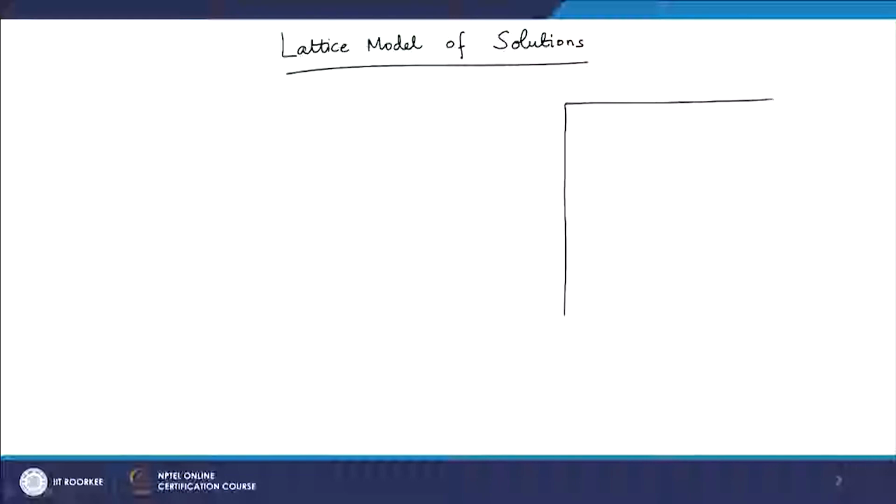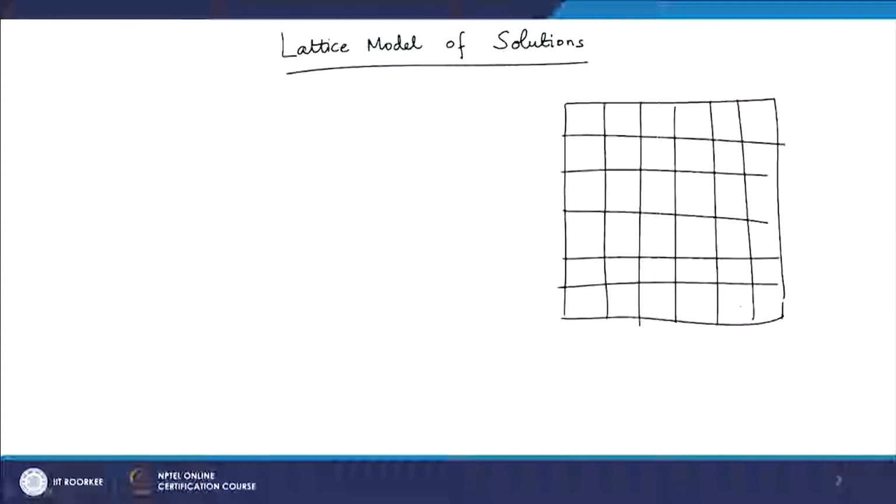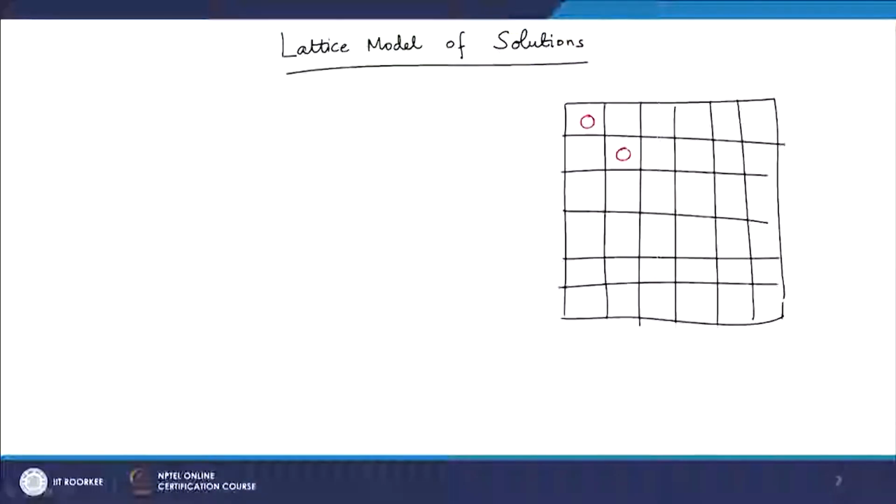So, just to recap, we are working on the lattice model of solutions, where we assume that we have a certain number of solute and solvent molecules in the system which are constrained to move on a lattice instead of moving everywhere in 3D space, and the representation I was using was red circles for the solute and green for the solvent.